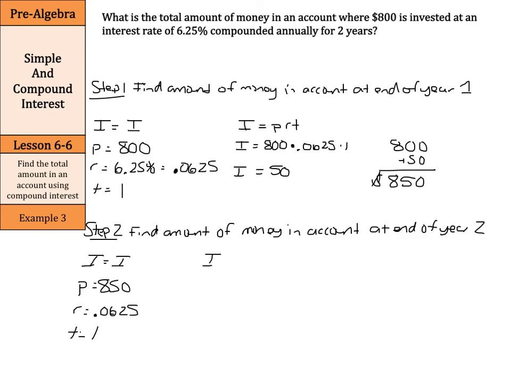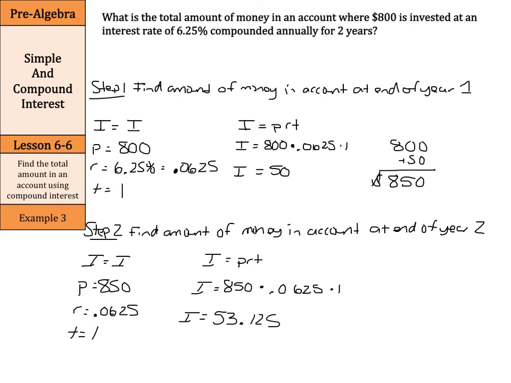So I can take my I equals PRT. My interest is going to equal my principal of $850 multiplied by our interest rate multiplied by our amount of time. When I multiply those together, my resulting interest is $53 and 12.5 cents.